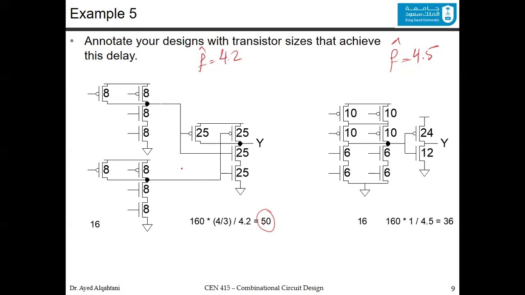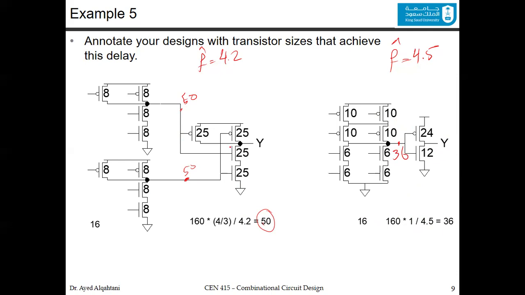This is what we need. We know now that you have 50 here, and you have 50 here. Same idea. Now for this one, you know that you have 160. This is an inverter, so at this node, the logical effort of the inverter is 1, and divided by 4.5, you get 36. So at this node, you know that you have 36.